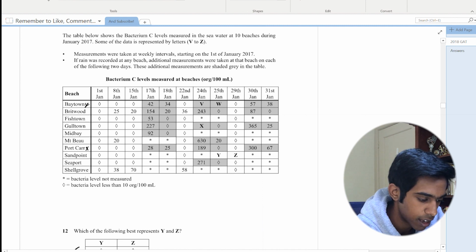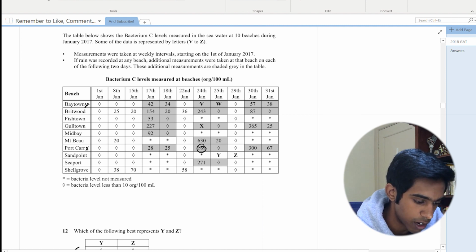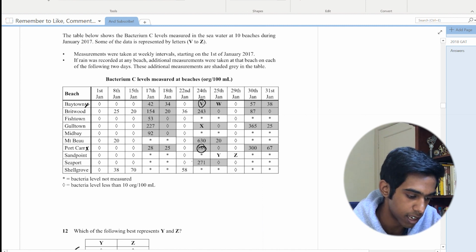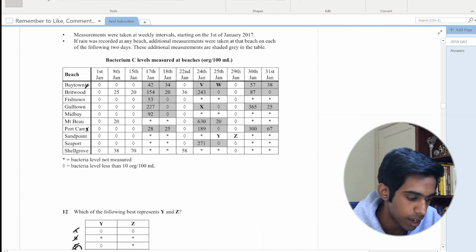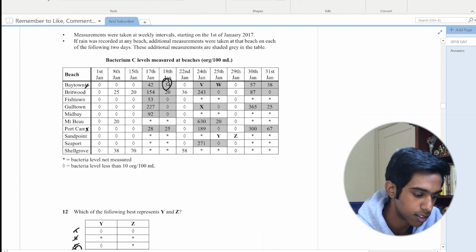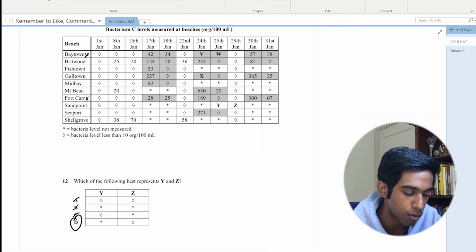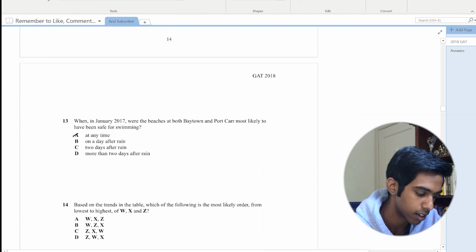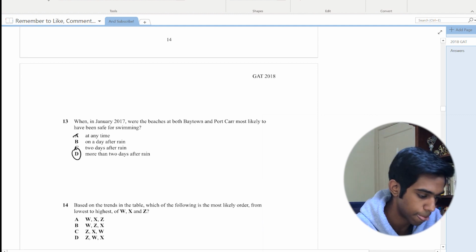So it's not going to be a day after rain because we see this 189 and we don't know what that V is, but that just means that we can't say a day after rain. 2 days after rain, we also can't say because this is 34. So it would have to be more than 2 days after rain. So that's going to be D.